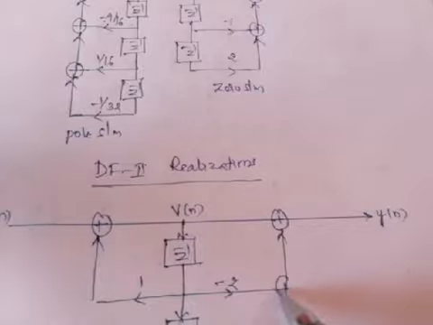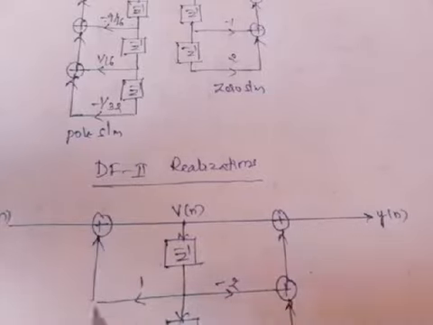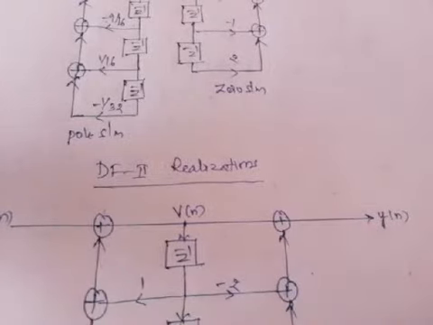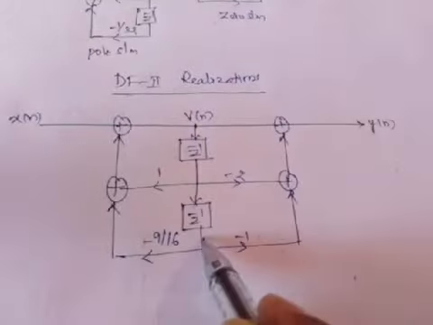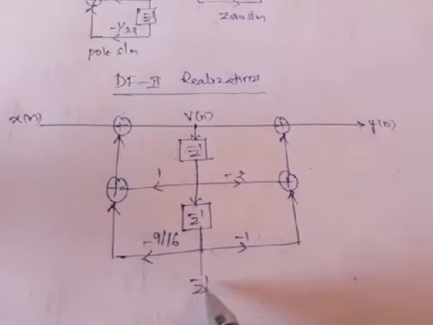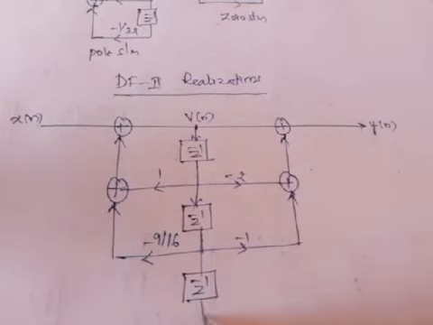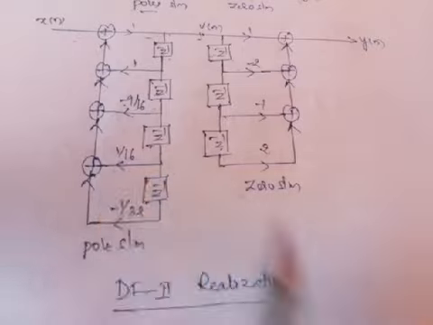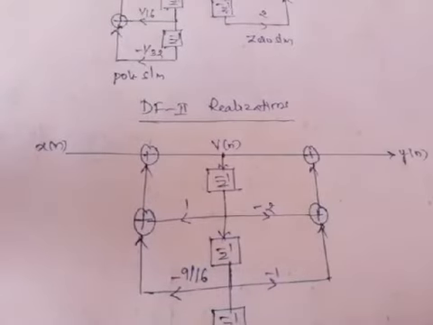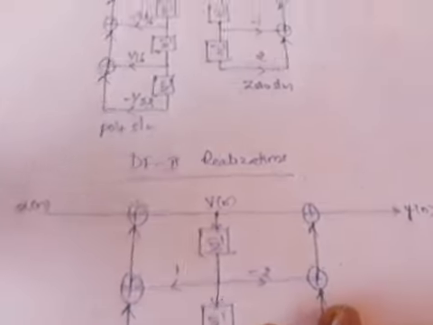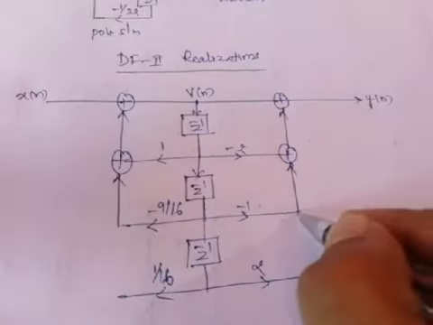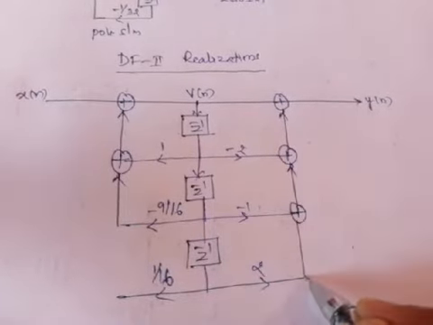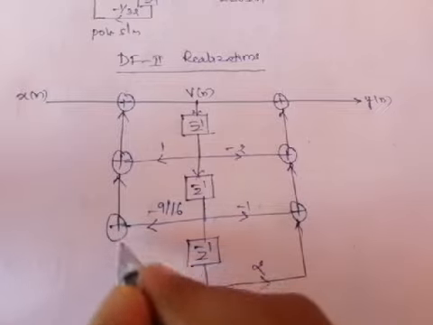Add with the previous result, and add with the previous result. Okay, next third time delay. We have coefficient terms on both sides: here 1 by 16, and this one is 2. Add with the previous result, add with the previous result.